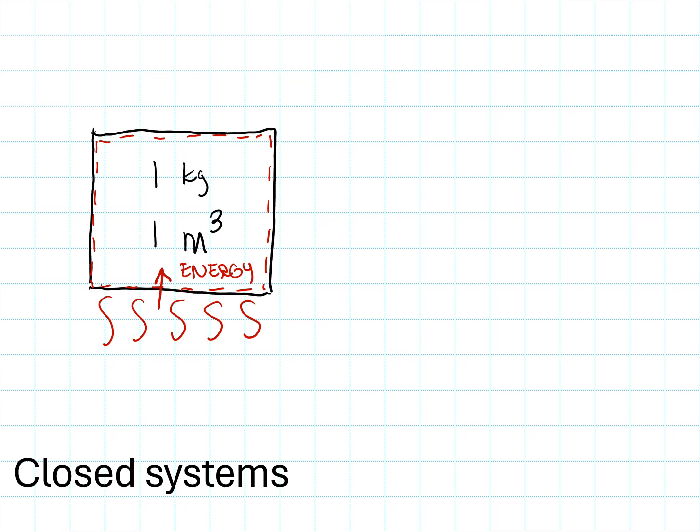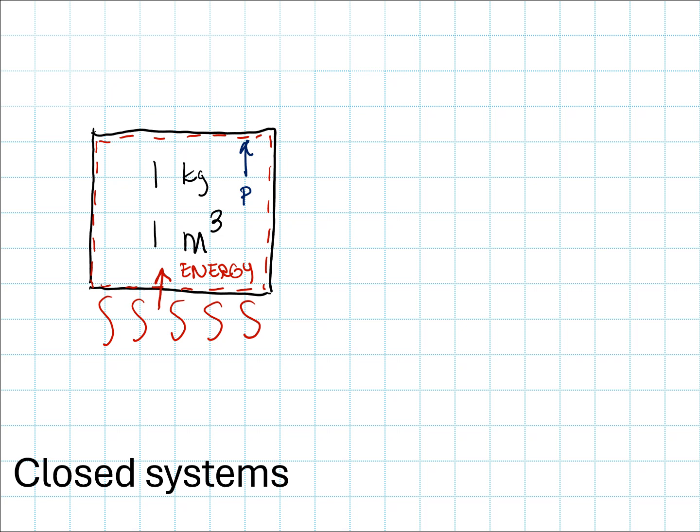So the mass can't cross the boundary of this system, but since the energy can, the gas that is my system is going to change its temperature. As the temperature goes up, the gas is going to want to expand its volume, but since the volume containing this mass has been fixed by these physical immovable boundaries, the mass cannot expand. So instead, what we're going to see is an increase of pressure in this gas against the tank walls.